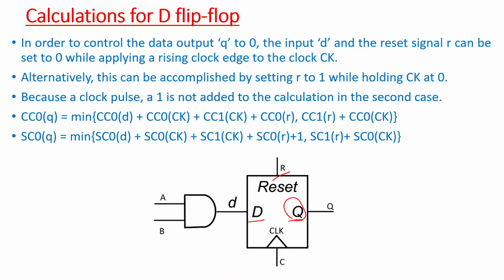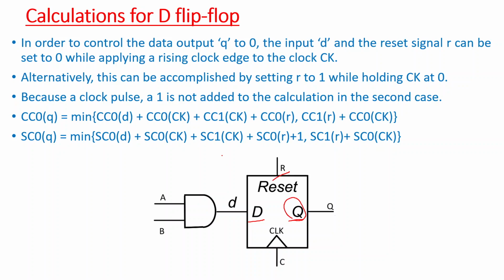The first way is when we keep the D input as 0, reset as 0 and apply a positive clock edge to this clock signal. Or we can apply a 1 to the reset while holding the clock at 0, meaning no clock edge.